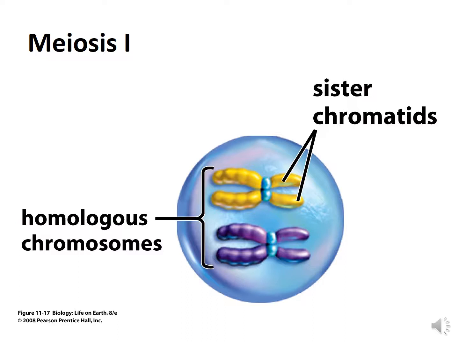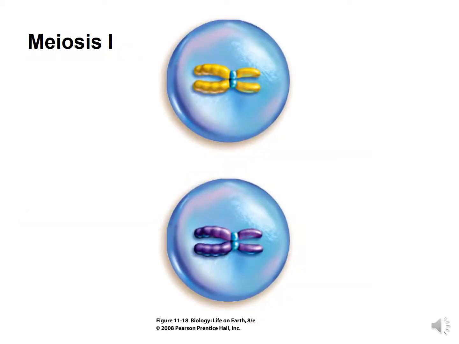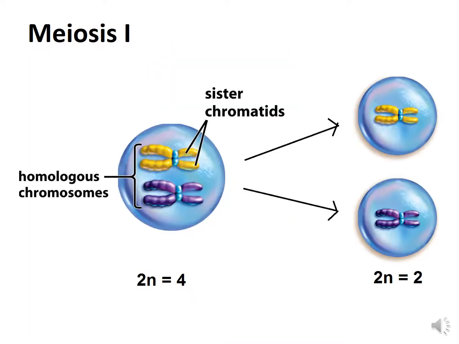Again, here's the cell at the beginning of Meiosis I. Here are the cells at the end of Meiosis I. What's separated? Well, let's take a look at the entire process put together, and I think that will make it obvious.